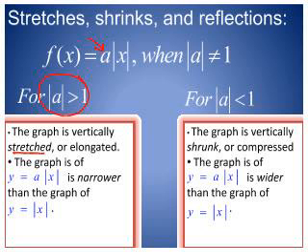Sorry, I'm not sure that I made that clear. If the absolute value of your a is greater than 1, then your graph is going to be stretched or elongated. So the graph is narrower than your parent function. If the absolute value of a is less than 1, then the graph is shrunk or compressed, which makes it look wider than your parent function. Let's take a look at some examples.